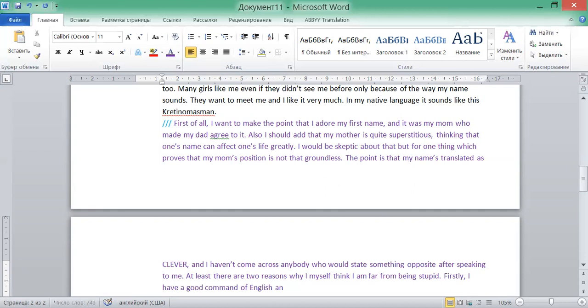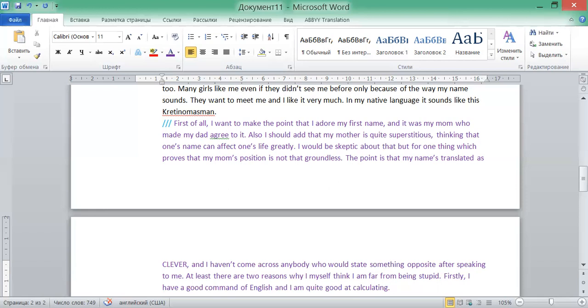And I am quite good at calculating. Again, I have decided to use this construction too because it shows the examiner that I know how to use gerunds correctly after prepositions. At is a preposition, that's why I'm using gerund. At calculating.